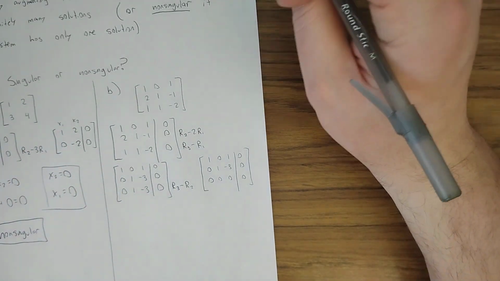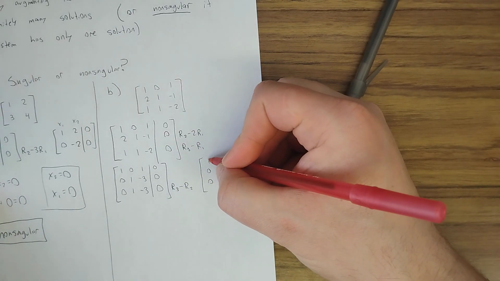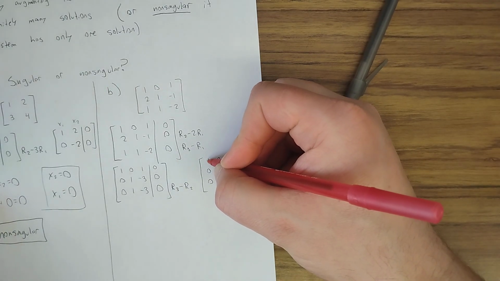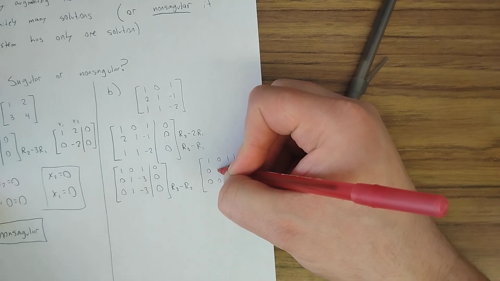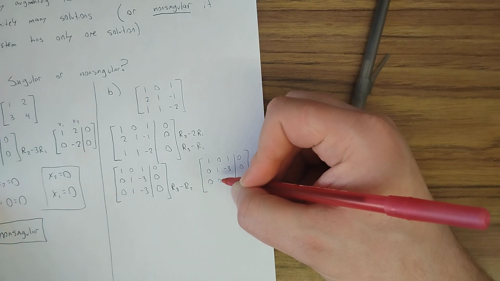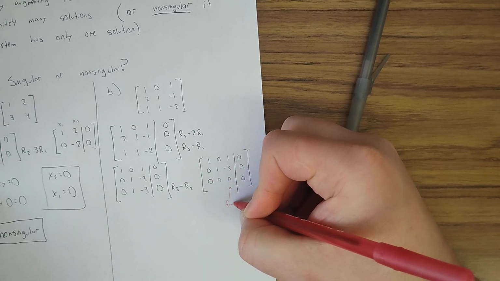So what that means is that we have a free variable. So this variable is leading because it's leading in this row. x2 is also leading because it's leading in this row. x3 is not leading in any row, so this is free.